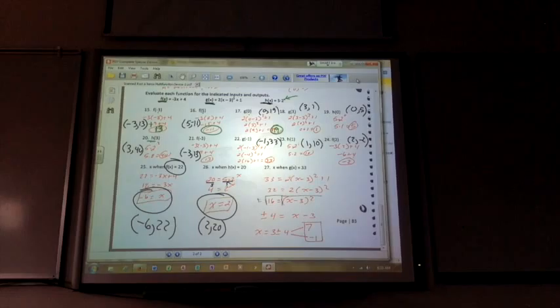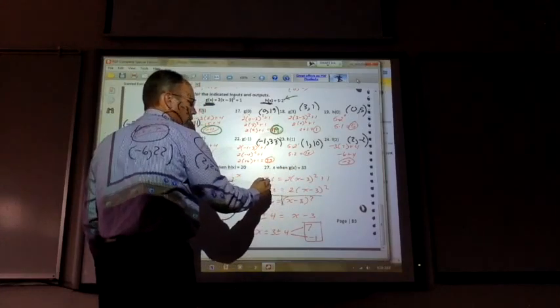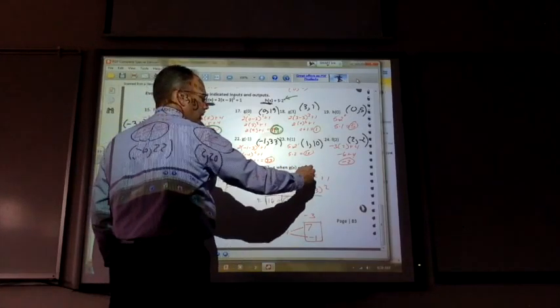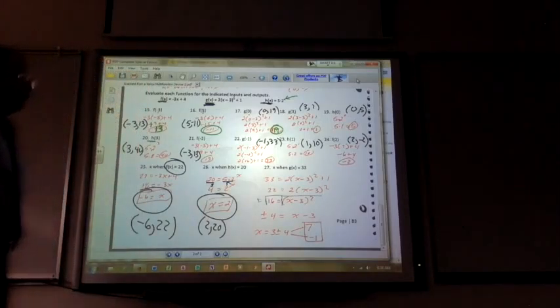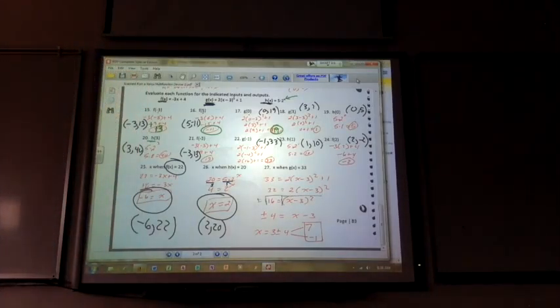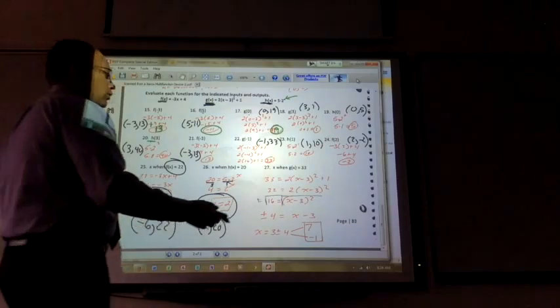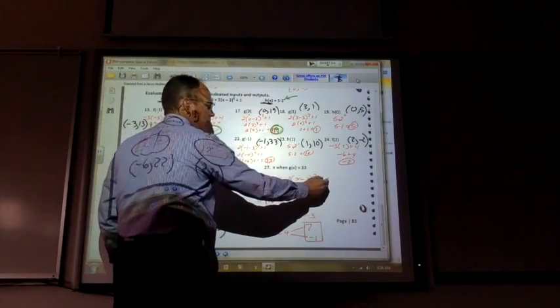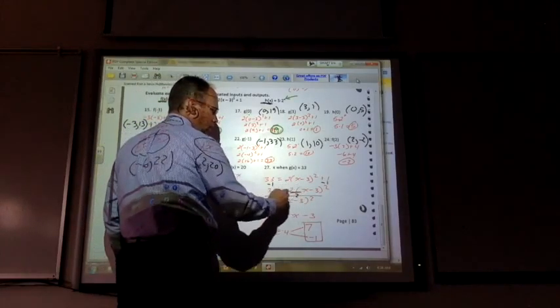Okay? Number 27, we're using g, so we're going to use this equation. So I have 33 equals 2 times x minus 3 quantity squared plus 1. Order of operations would suggest to do the exponent first, the multiply second, and then the add and subtract third. But you have to do it backwards to solve it. I'm going to subtract 1 here. That gives me the 32. I have to divide by 2 here.